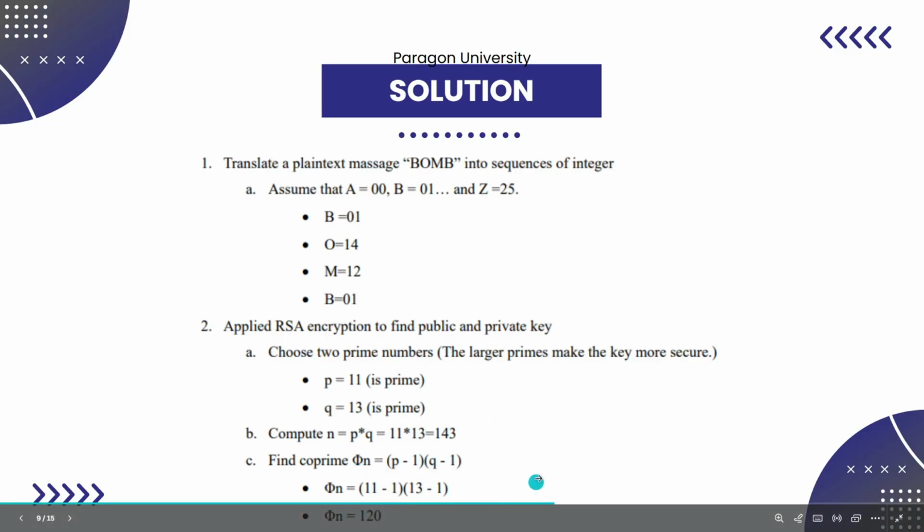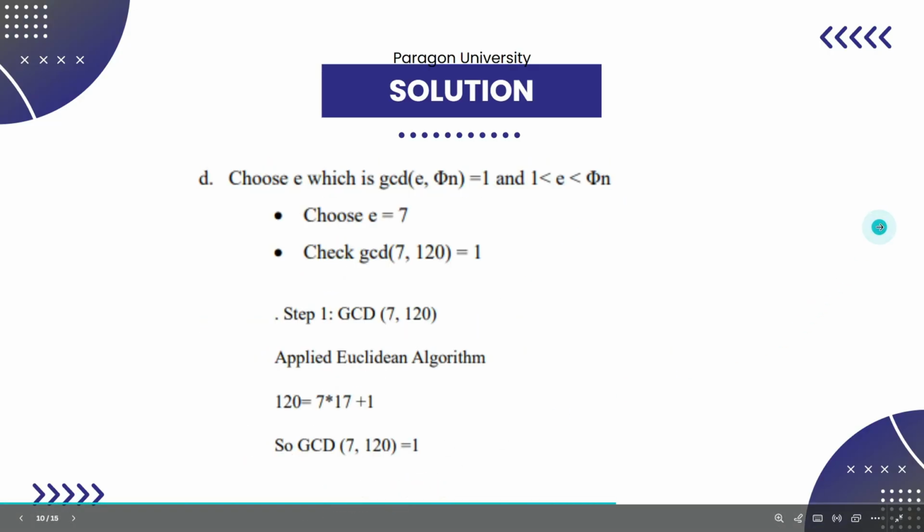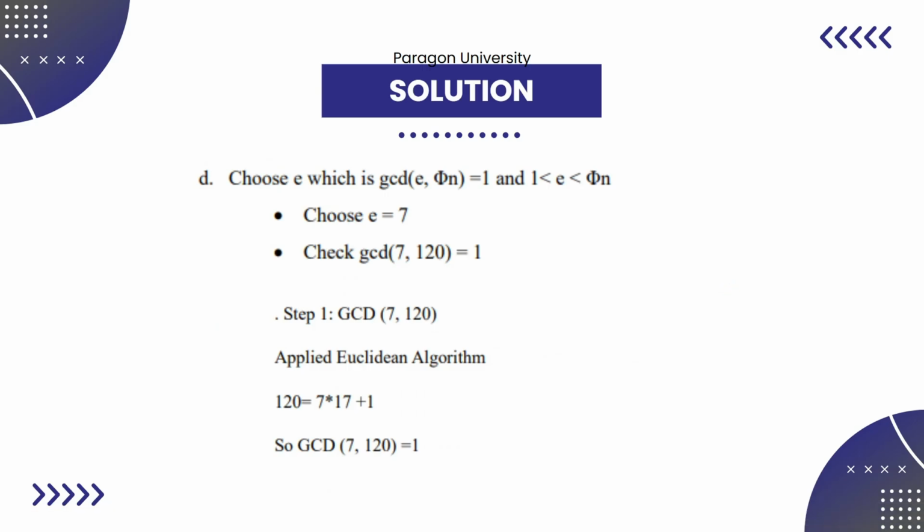This is the form of it, and after we compute it, it equals 120. Then we choose e such that the GCD of e and phi equals 1. So here e equals 7, and we need to check that the GCD of e and phi, which is 120, equals 1.